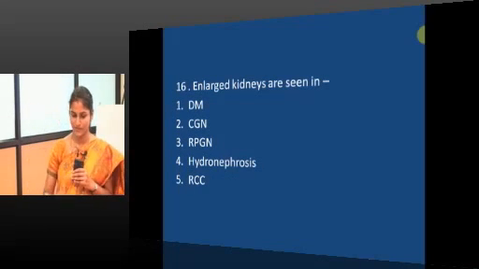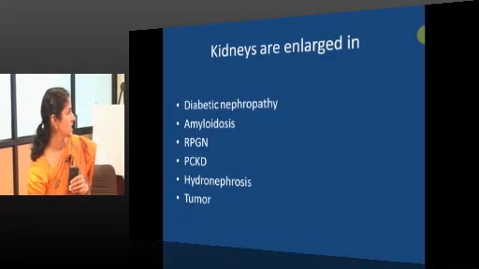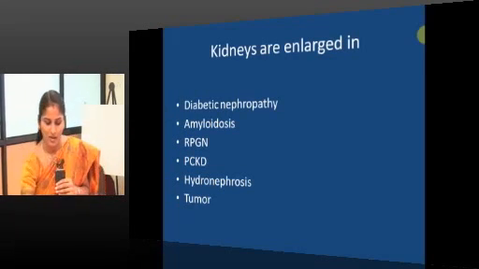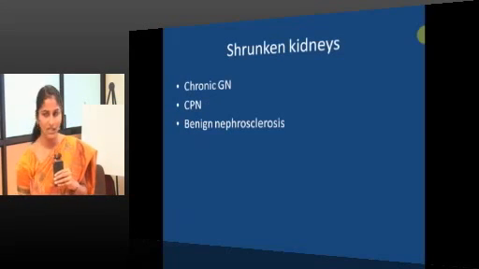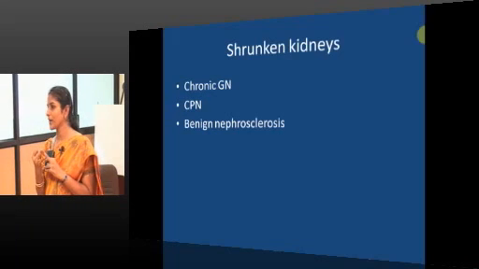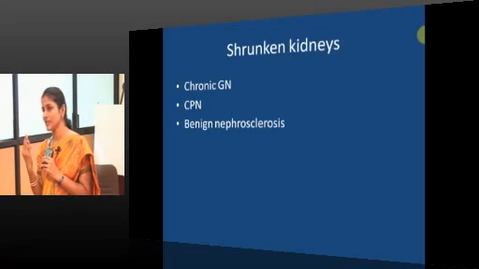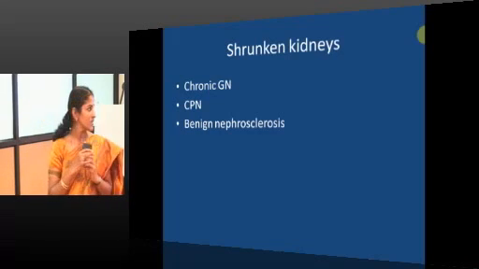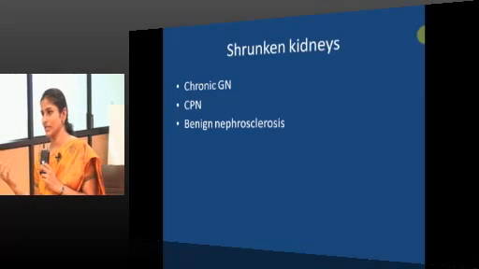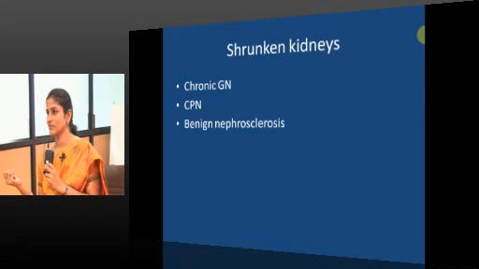Enlarged kidneys are seen in. So, we have conditions where the kidneys will be enlarged. But I would suggest you remember conditions where you have shrunken kidneys. It is easy to remember. So, chronic glomerulonephritis, chronic pyelonephritis, and benign nephrosclerosis are the conditions associated with shrunken kidney. So, how will you differentiate between chronic glomerulonephritis and chronic pyelonephritis kidney? I mean, grossly.